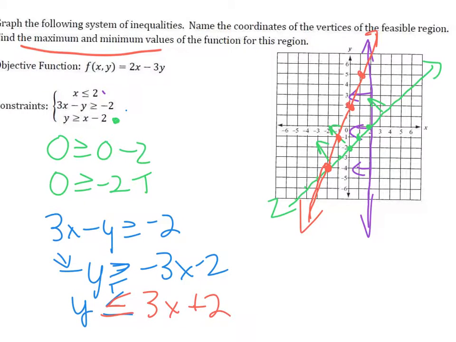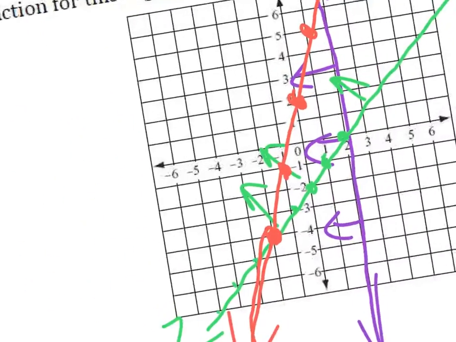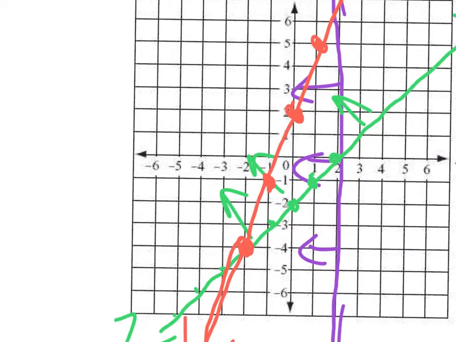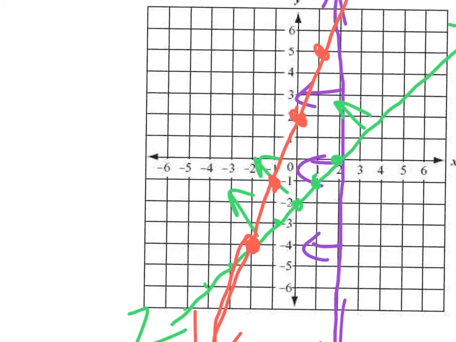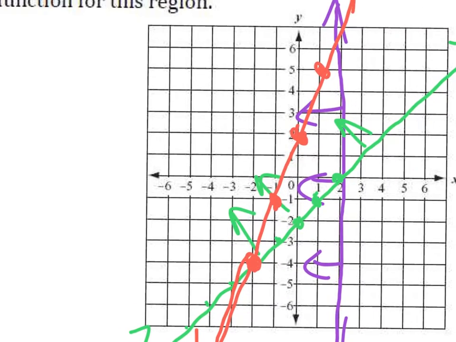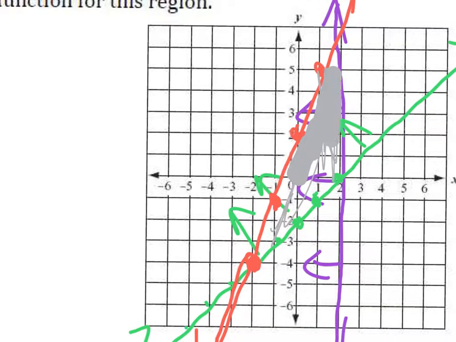So when I do that, it's going to look like this. So when I shade this, it's going to look like this. There's my shaded region. So now I need to look at the points and figure out what I'm dealing with.